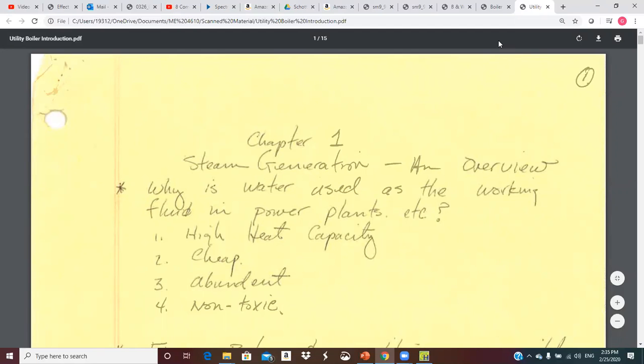So 1 BTU per pound mass per degree Fahrenheit.